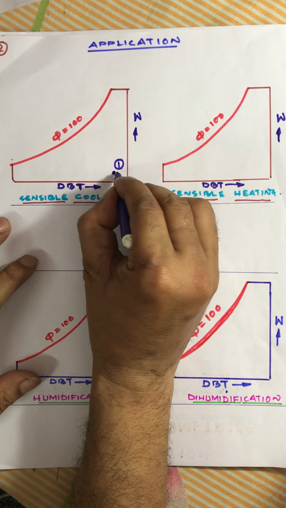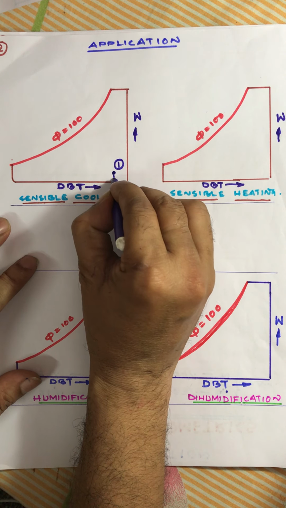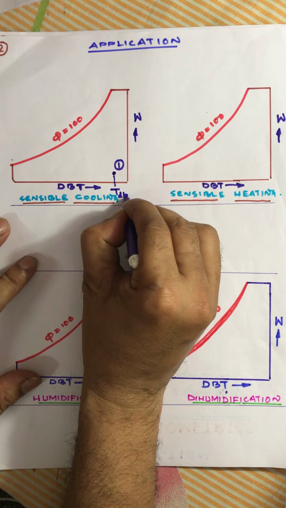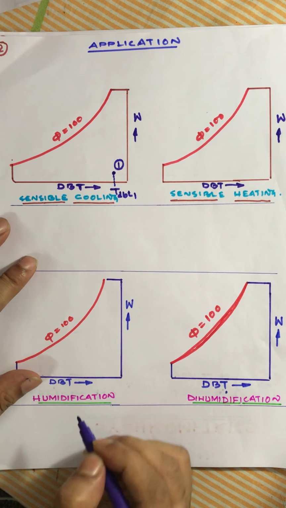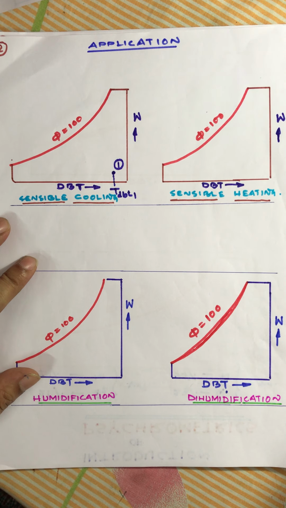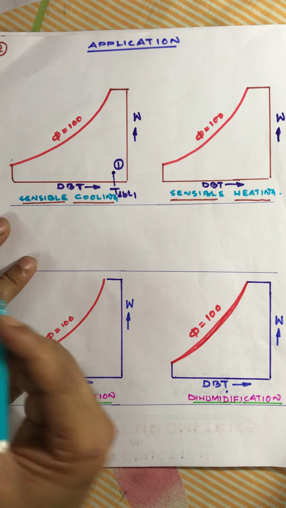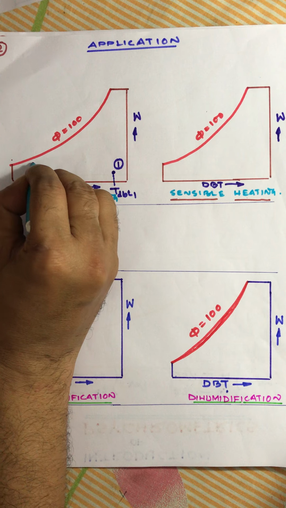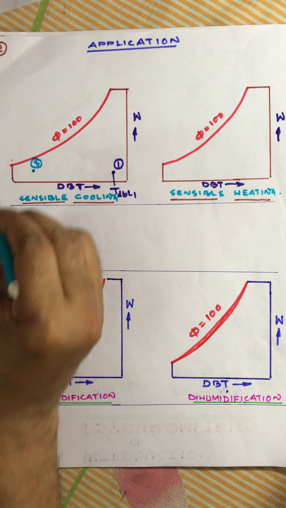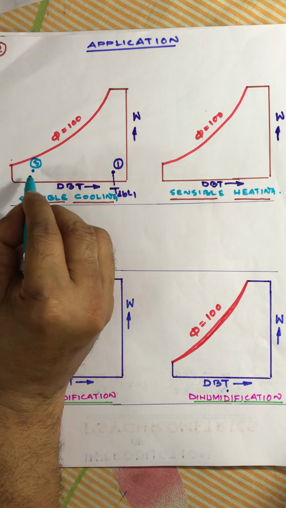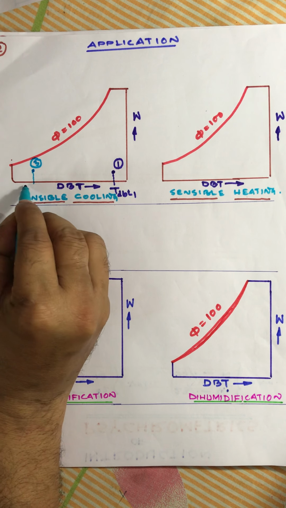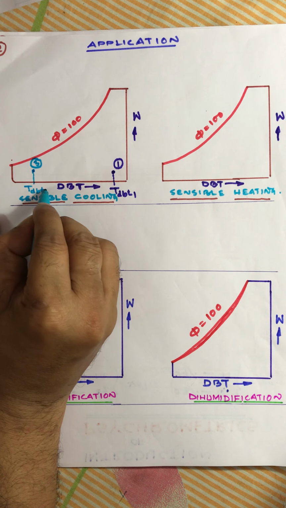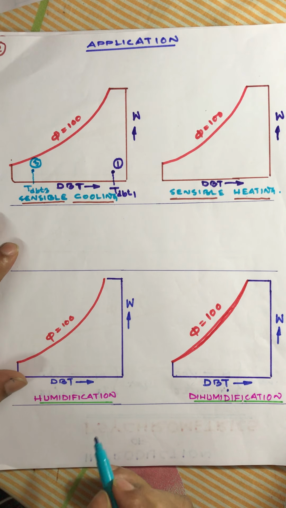So, we can say this is dry bulb temperature 1, and suppose this is the cooling coil temperature, suppose this is 3, cooling coil temperature 3. So, this is dry bulb temperature 3, clear.